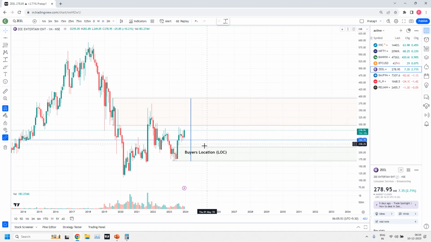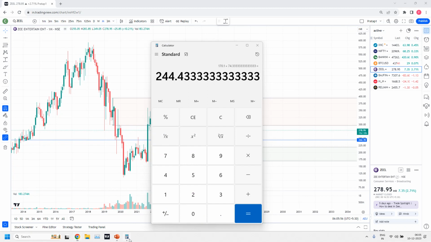And what about the remaining? So again add another 74.3 to this value. Plus memory release, 74.3, equals 318.76. We can say approximately 319 or 318.7.